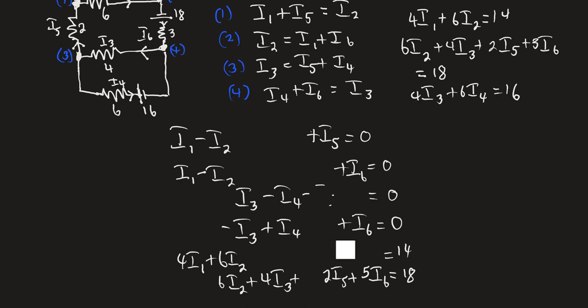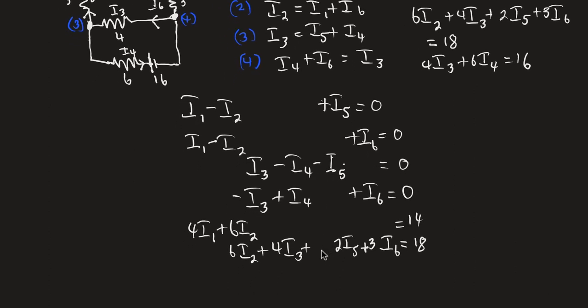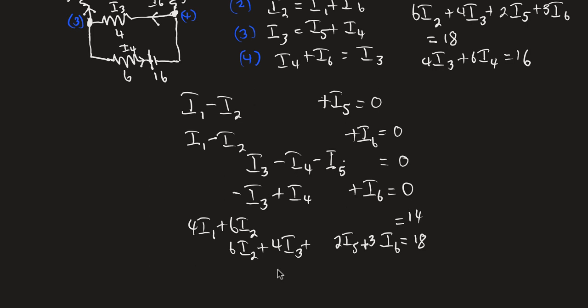This is a 3. It's a 3I6. So plus, and then I think, what did I erase right here? This is the third one, so this should be I5. There we go. And then our last equation is 4I3, and then plus 6I4, that's equal to 16.